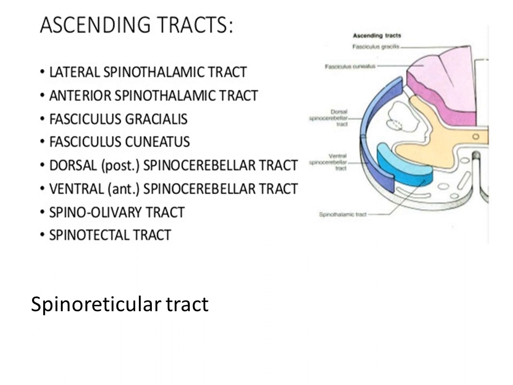Tracts may be ascending or descending. They are usually named after the masses of grey matter connected by them. Thus, a tract beginning in the cerebral cortex and descending to the spinal cord is known as the corticospinal tract, while a tract ascending from the spinal cord to the thalamus is known as the spinothalamic tract.